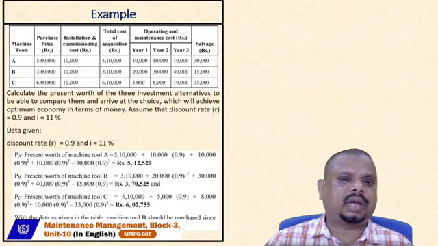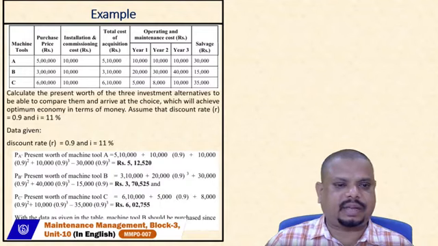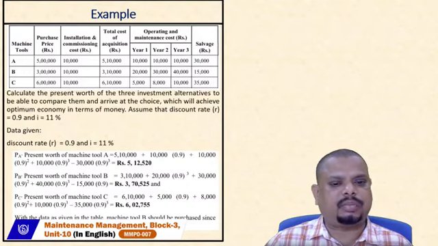The next is the salvage value: for machine tool A it is 30,000, for machine tool B it is 15,000, and for machine tool C it is 35,000.